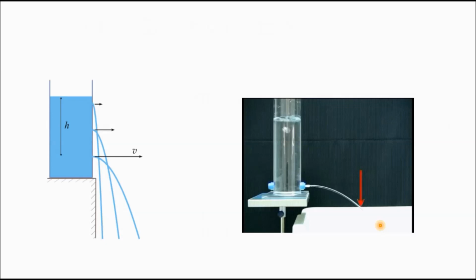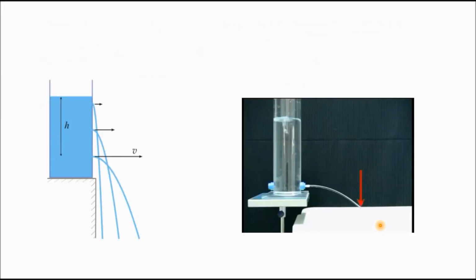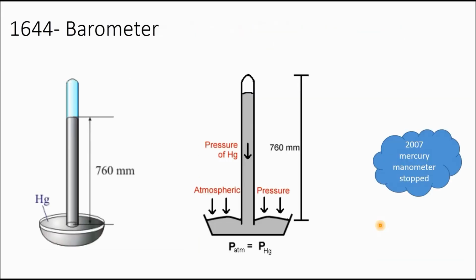If you understand this, I think you have to get clearer on two things, up to what height you can suck. So in this case, I'll go back to this equation.